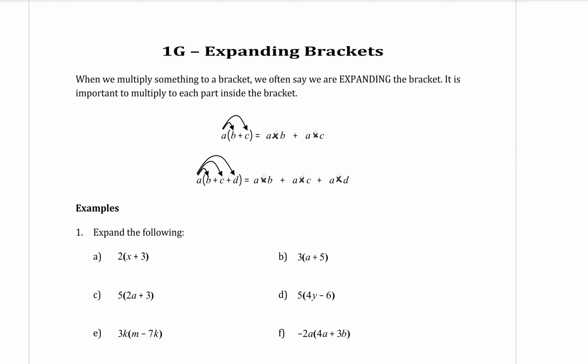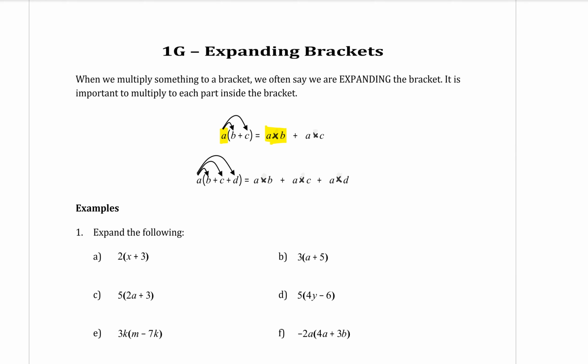Now to do that, we do a process called the distributive law, which is what these arrows at the top are. It's usually a number out the front of my bracket. To expand the bracket, I multiply it by each thing inside. So I go A times B and I get AB.